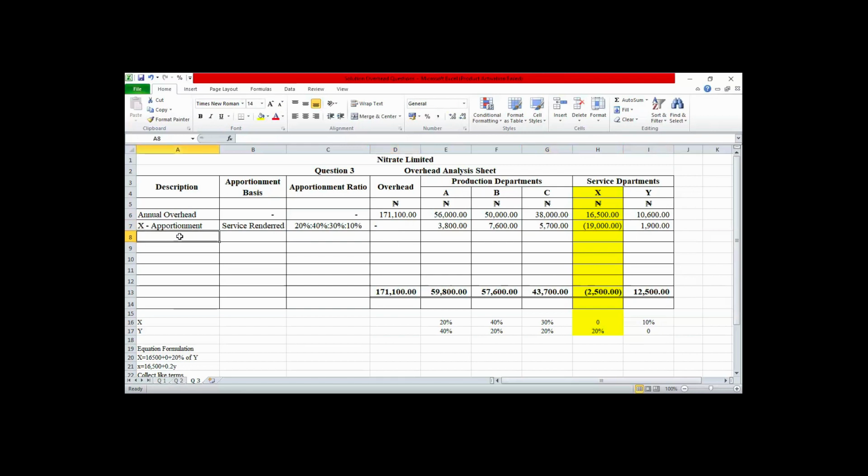Then we also say y apportionment. How do we apportion y? We have 40, 20, 20. We say 40% ratio, 20% ratio, 20% ratio, 20%.